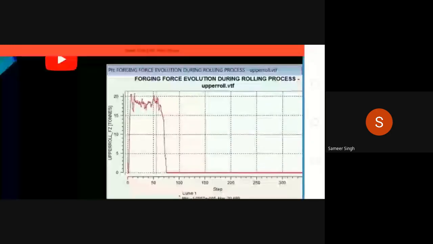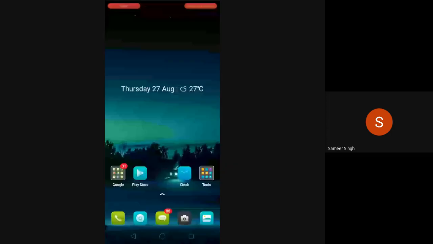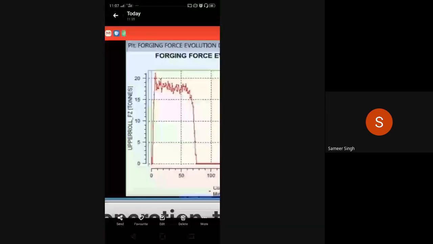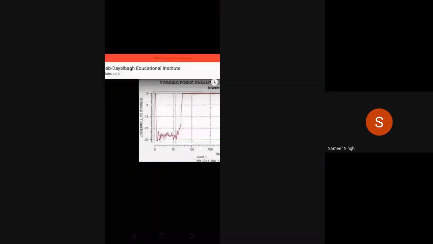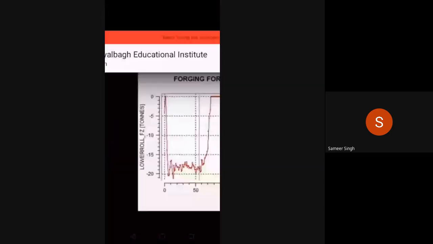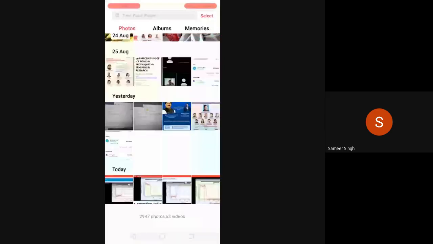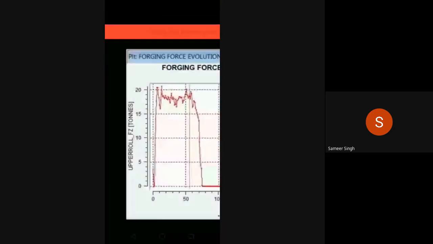Now see in this case, the force on the upper roller.